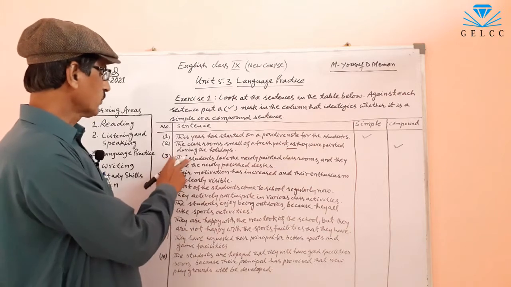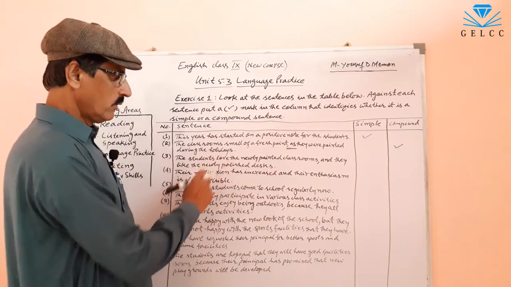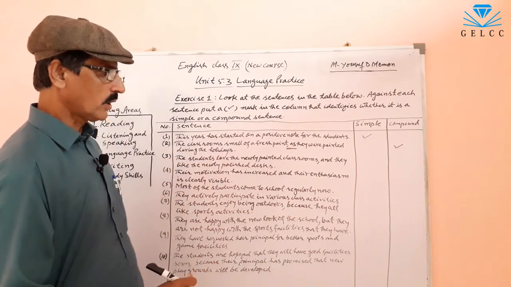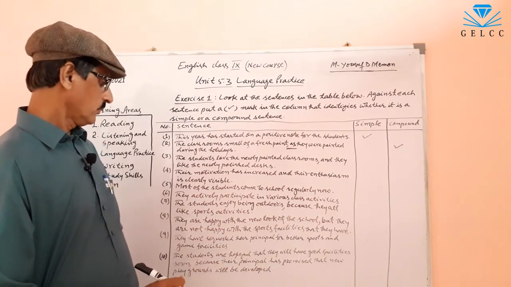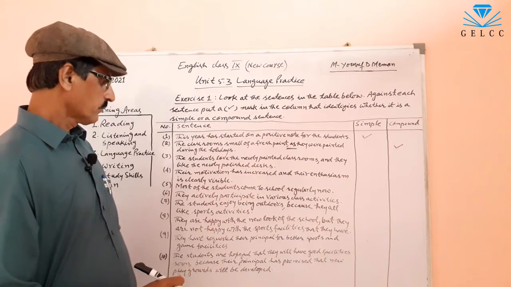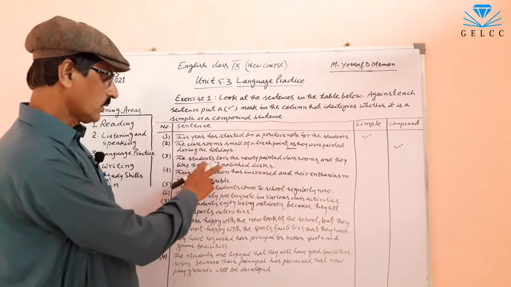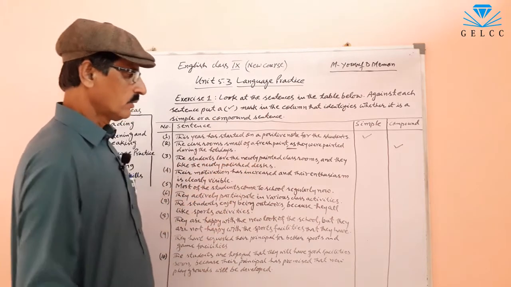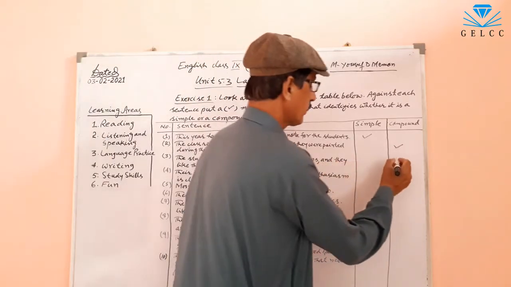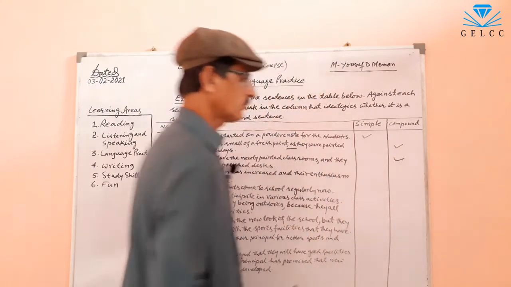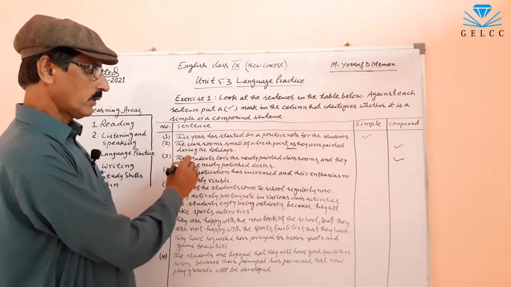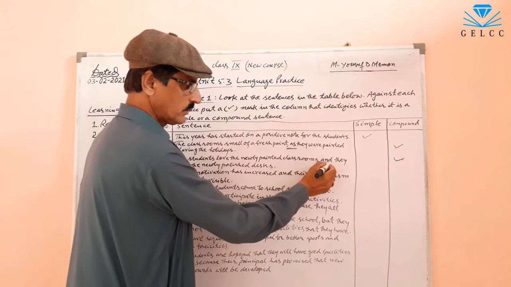Now, sentence number 3. The students love the newly painted classrooms, comma, and they like newly polished desks. It is also a compound sentence because it is joined by conjunction and comma.